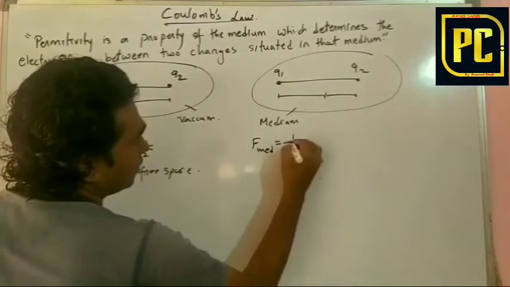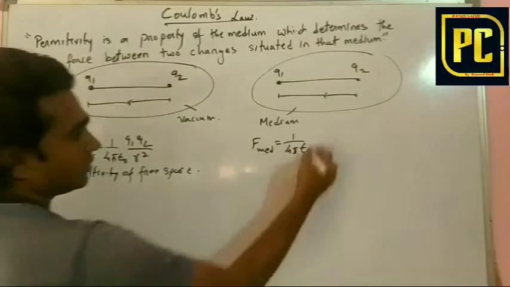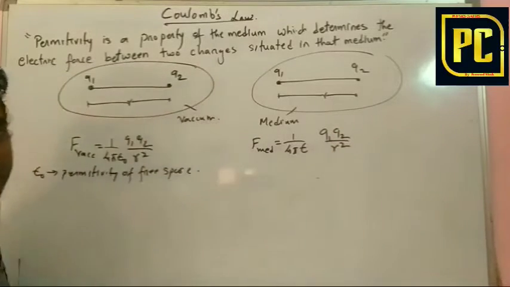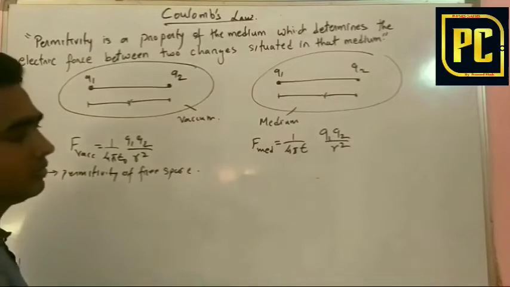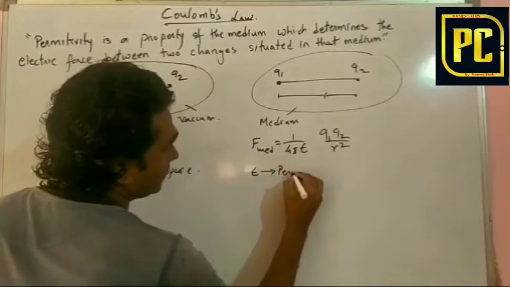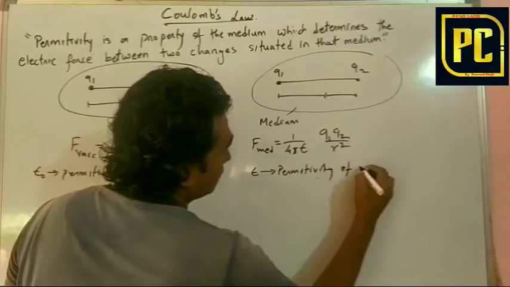It will be 1 by 4 pi epsilon Q1 Q2 by R square. Everything remains the same, only the permittivity changes. Epsilon here is the permittivity of the medium.